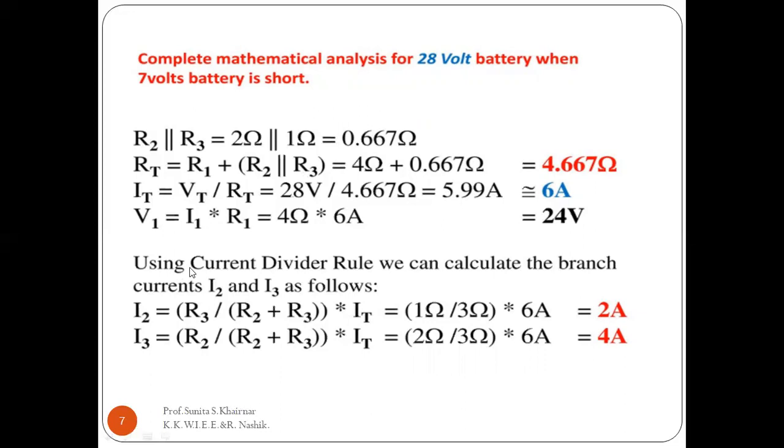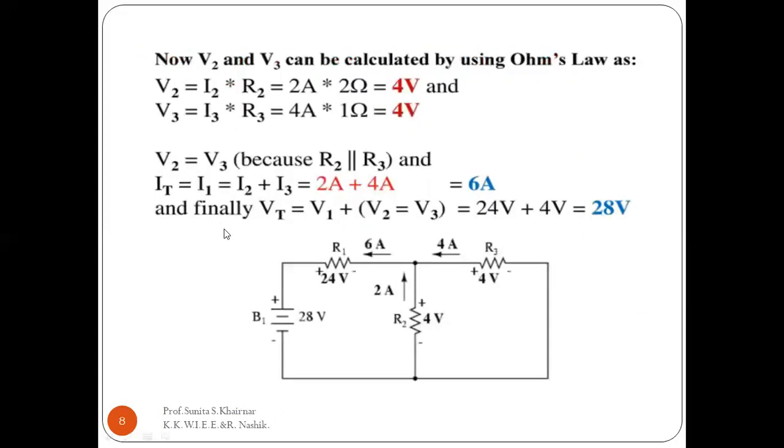Now using the current divider rule, we can calculate the branch currents I1, I2 and I3 as follows. So these are the branch currents. Now we find V2 and V3, which are 4 volt and 4 volt. So this is for the first battery, when only battery B1 is in the circuit, that is 28 volt.